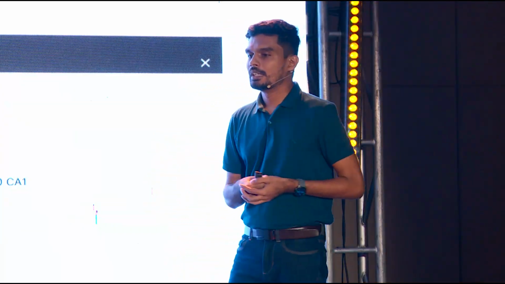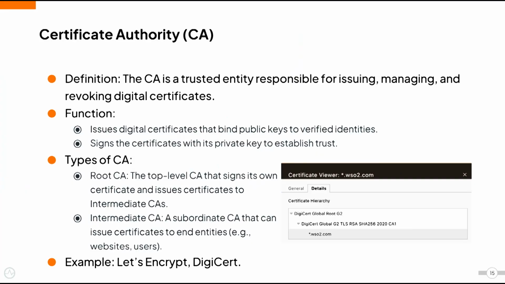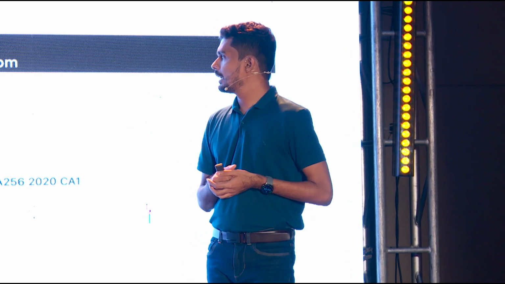First, we have certificate authority or CA. Certificate authority is the entity that is responsible for issuing, managing, and revoking digital certificates. Certificate authority is basically signing digital certificates with its private key. So there is a hierarchy of certificate authorities, and mainly two types of authorities.